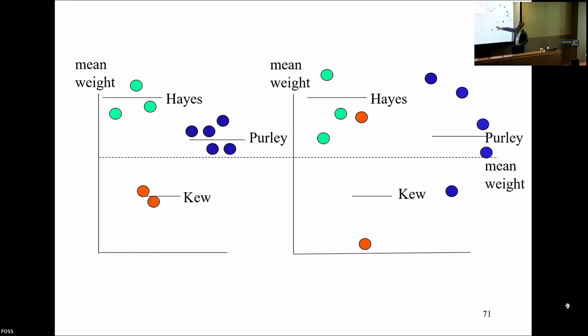Supposing we have 1,000 cases from Pearly, but just 2 cases from Q. But we're treating the group level mean of Q the same way as we treat the group level mean of Pearly. That doesn't make sense because we have much more information about the group mean in Pearly compared to Q. So we want to discount the variance from Q and attribute more meaning to the variance from Pearly.